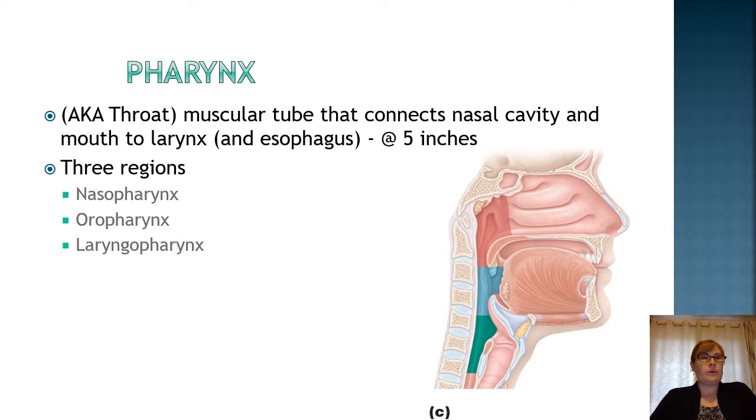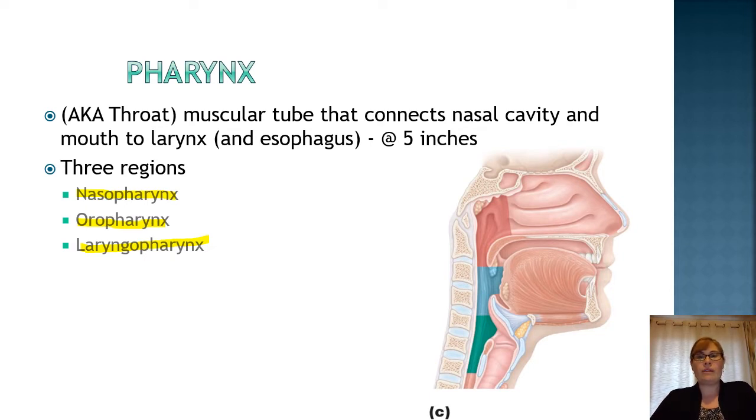All right, the pharynx is also known as the throat, and you're going to see 3 parts. We have the red part, the blue part, and the green part. The red part is known as the nasopharynx, naso referring to nose. The blue part is the oropharynx, a little further down, and the laryngopharynx is the lowest part, right in front of the larynx.